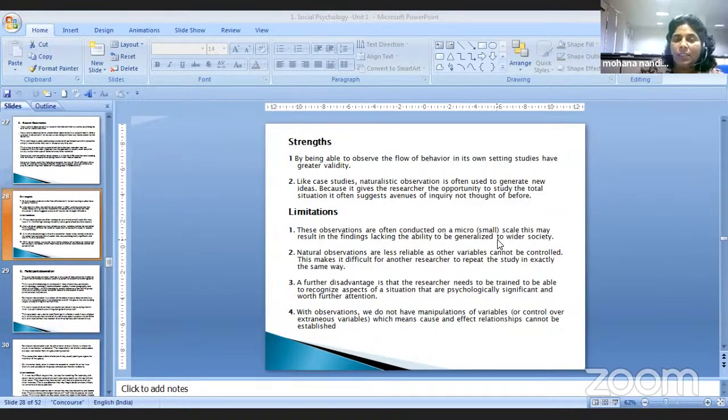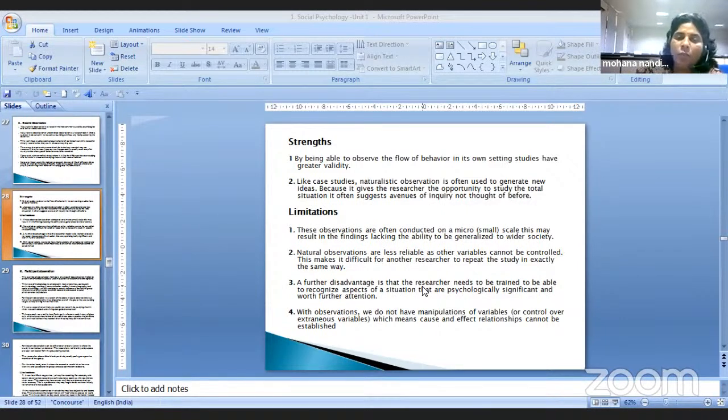Next, a further disadvantage is that the researcher needs to be able to recognize aspects of a situation that are psychologically significant and worth future attention. See here, if the person is observed in a natural way with the other person, we cannot control two things.